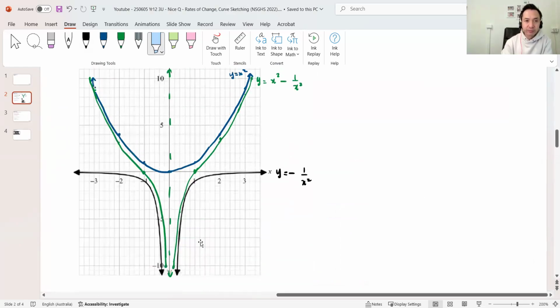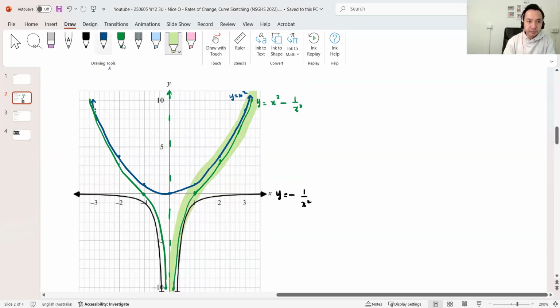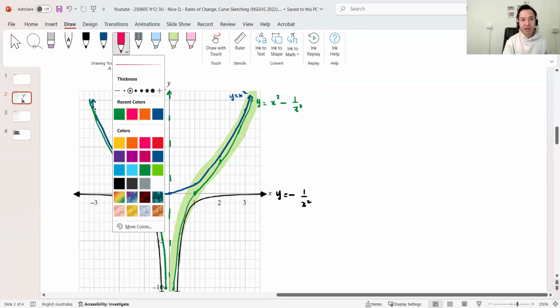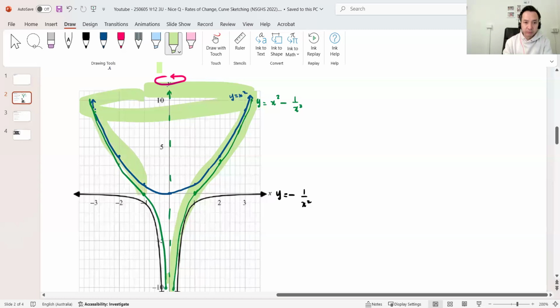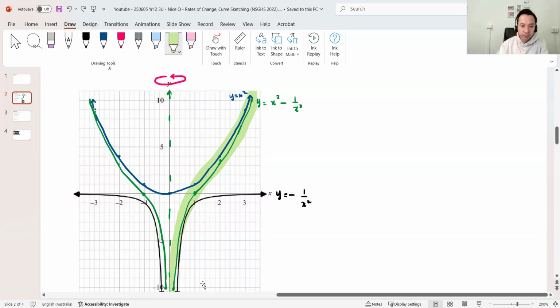When x is greater than 0, they want this arm here, and they're going to rotate that about the y-axis. If you can imagine, once you rotate, you get a cone, like those funnels you filter paper through. So we rotate it about here and get a funnel shape. Just picture that. All right, cool.